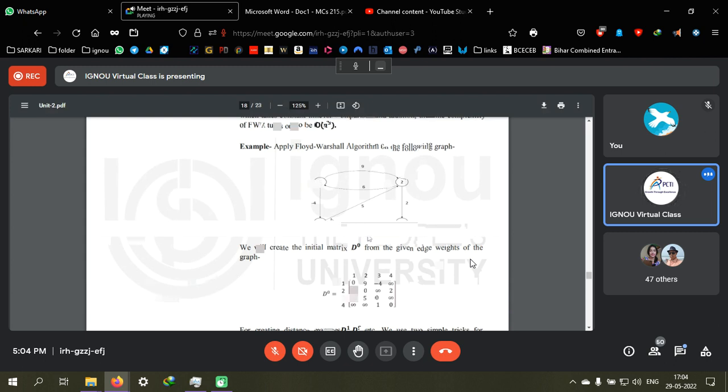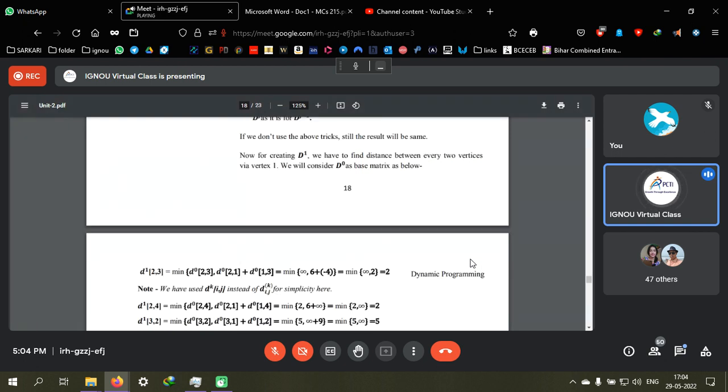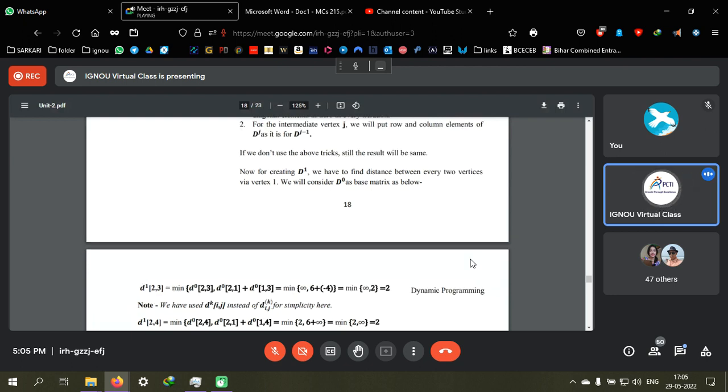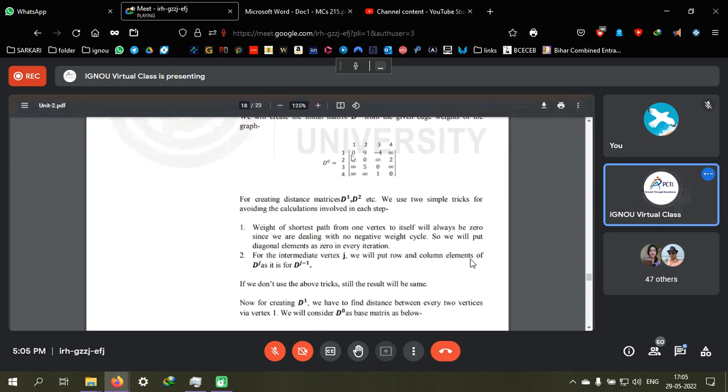So here, for creating D1, we have to find the distance between every two vertices via vertex 1. Right? So here we have vertex 1 between 2 and 3. If we are talking about 2, 3, I can go 2 to 1 and then 1 to 3. Right? 2 to 3 is infinity. 2 to 1 is 6.